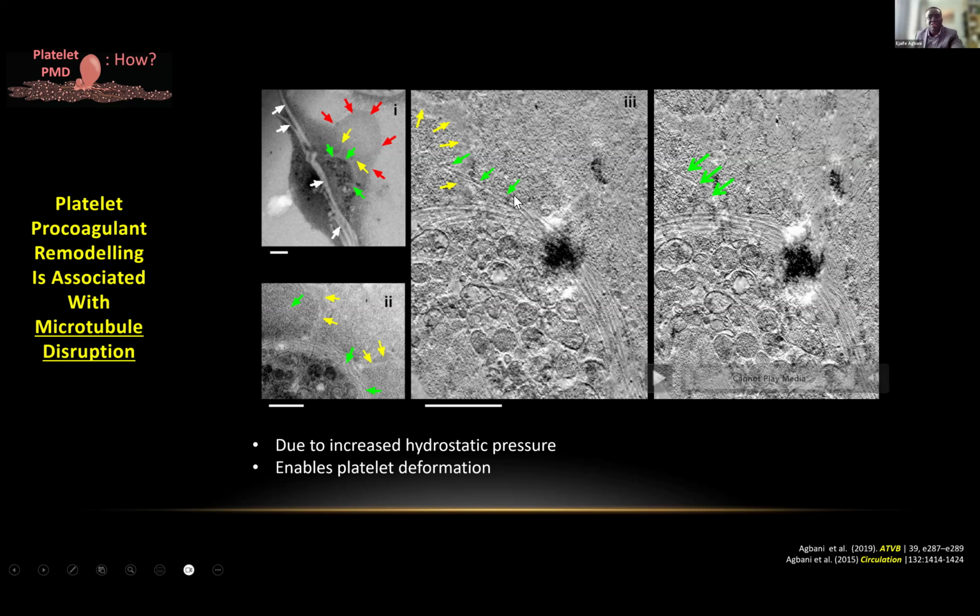I hope you can see that here. I tried to highlight it with the green arrow here. So the unwinding of the microtubule. If that is gone, then the platelet is able to deform as we see it after.